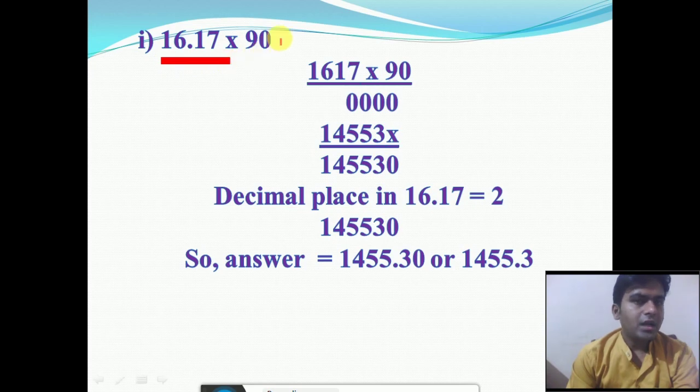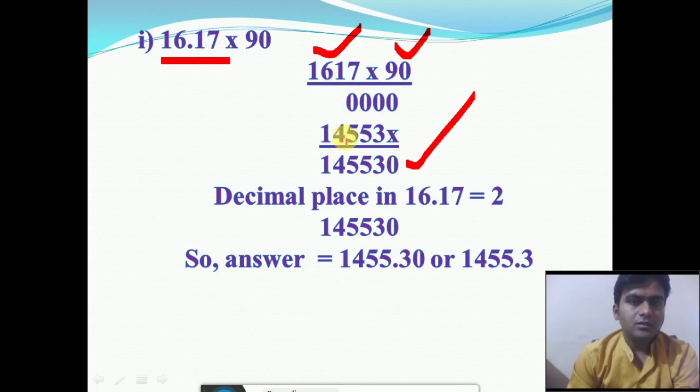16.17 into 90. Okay, so first forget the decimal point and multiply 1617 into 90. So 1617 into 90 is equal to what? 1,45,530. When you multiply without taking the decimal, then you will get 1,45,530.